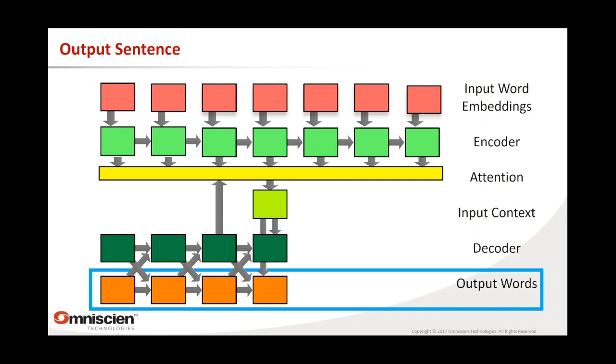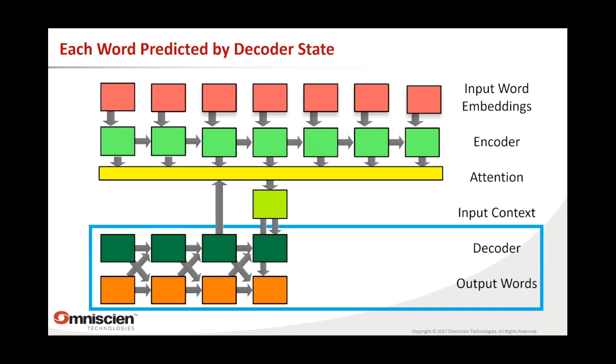At the end, the translation system has to produce output words, and these are produced one by one. Basically, each word is predicted based on pretty much everything you see on the picture, all the input words, all the previous words, and all that other stuff in the middle. Next slide. The output words are produced by a decoder layer.